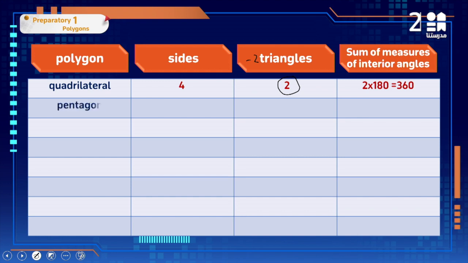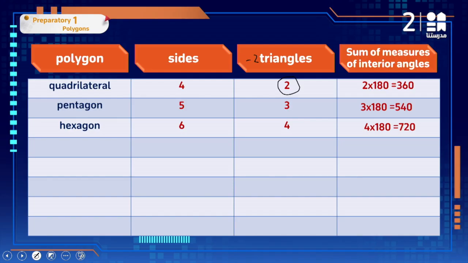The second, pentagon. The number of sides is 5 and the triangles is 3, subtract 2. Then 3 times 180 is 540. And do the same for any polygon. Hexagon, 6 sides, 4 triangles, then 4 times 180, 720.